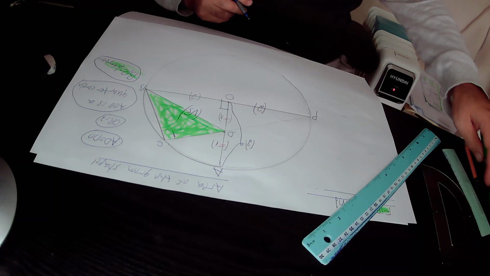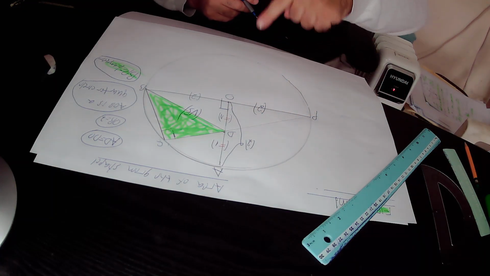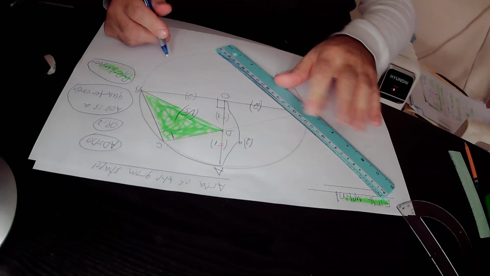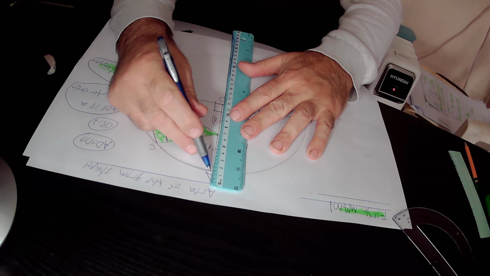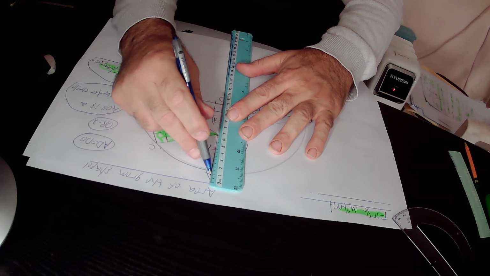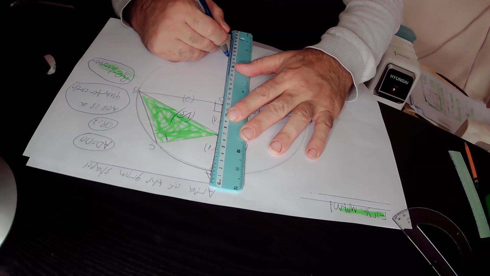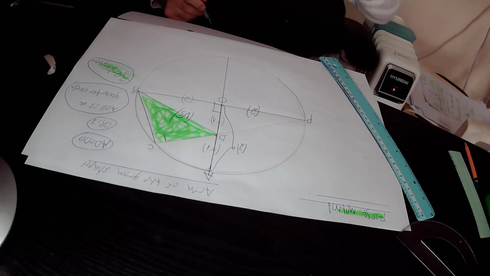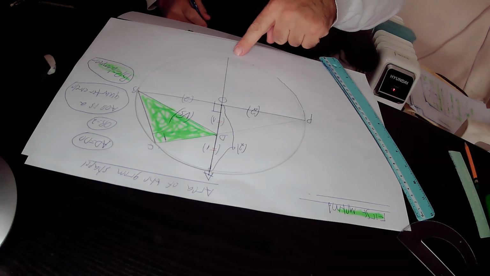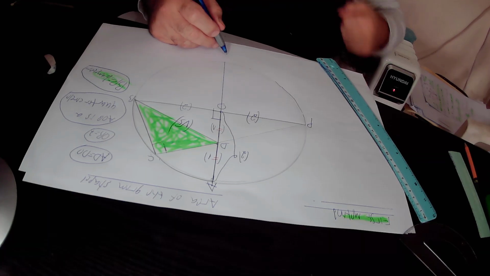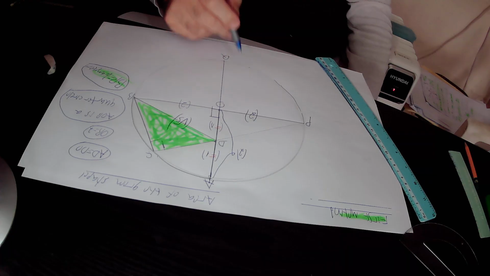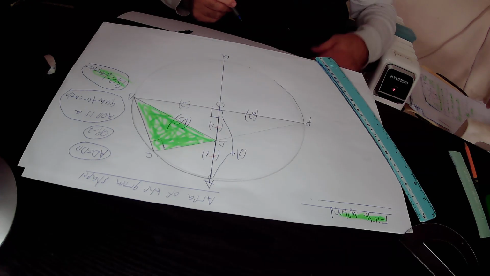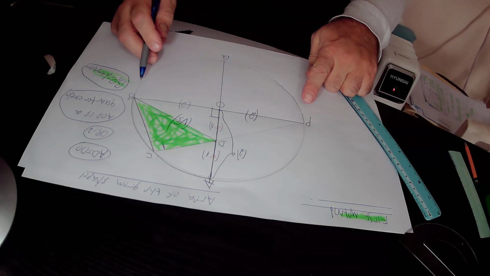The next step, we will extend the radius AO by a straight line until it touches the circle. And we will define the touching point of the extended radius AO with this circle. This point is point Q. AQ is also the diameter of the circle, for exactly the same reason that PB is the diameter of the circle.